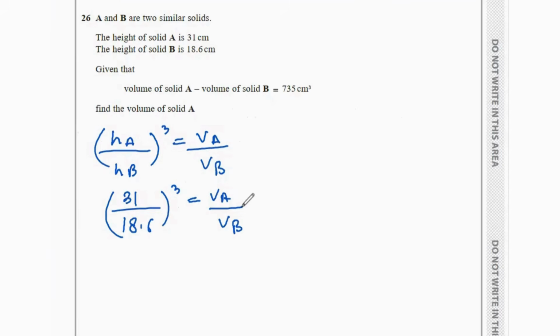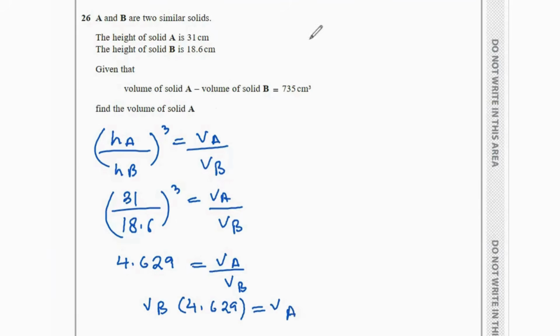31 divided by 18.6, and then we cube this. That's going to be 4.629. That's volume of A over volume of B. So they're asking us to find the volume of solid A. So if we cross multiply, volume of B times 4.629 equals volume of A, and we say that volume of B is volume of A divided by 4.629.